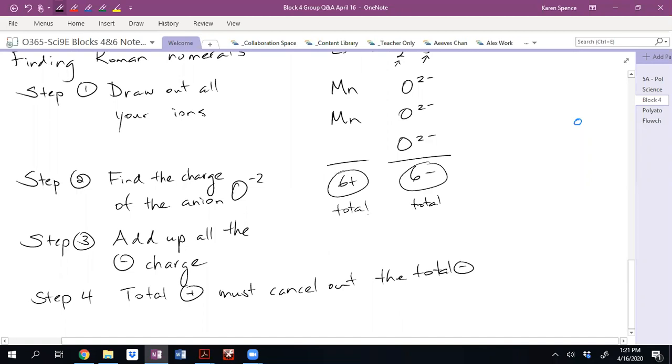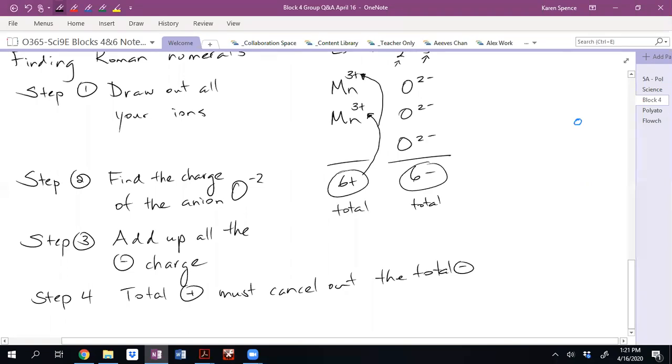Then we take our positive charge and we spread it out over however many ions we have. And this is why you have to draw them until you get really good at it, because that way you can be like, okay, I have 6 and I need to spread it out onto 2 different places. So it ends up being 3 positive for both of them.